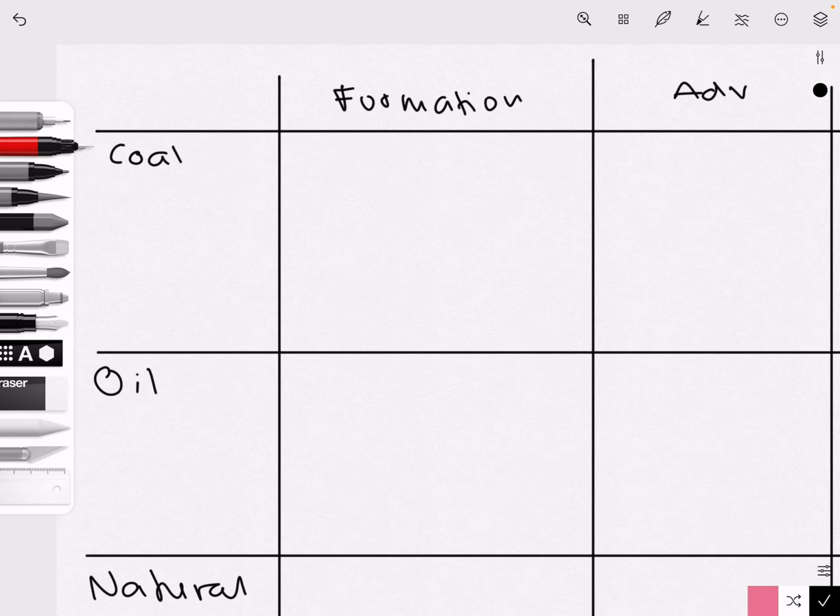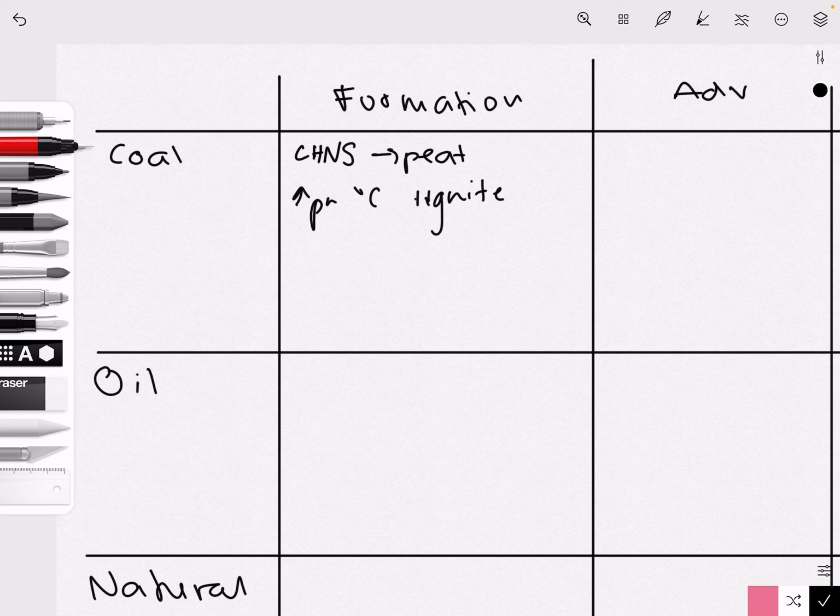So coal consists of carbon, hydrogen, nitrogen, and sulfur as elements, and these in the form of peat will undergo high pressure and temperature to turn into lignite.